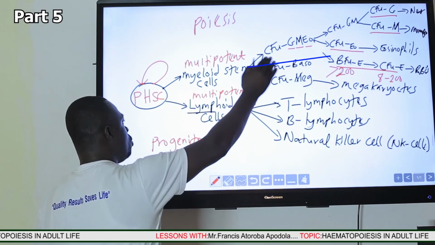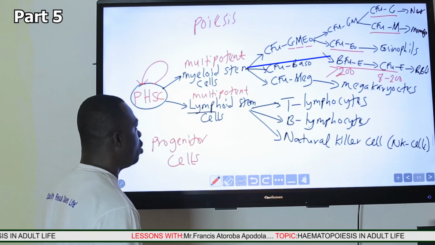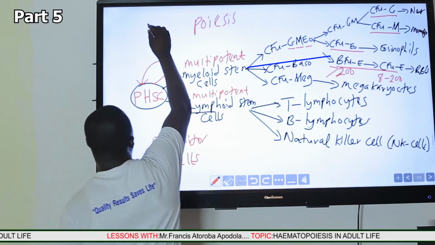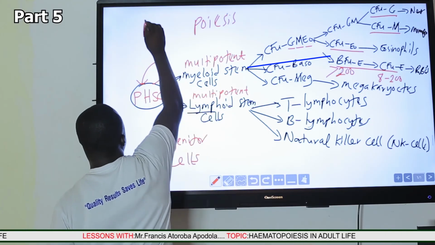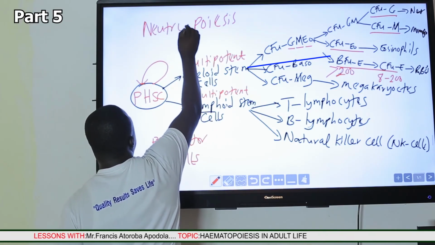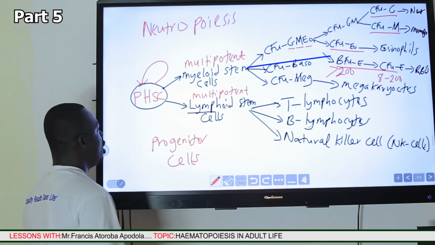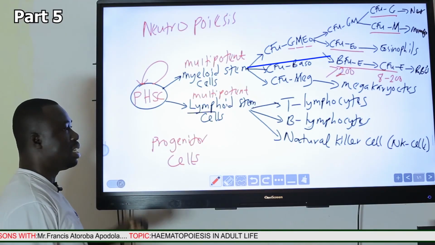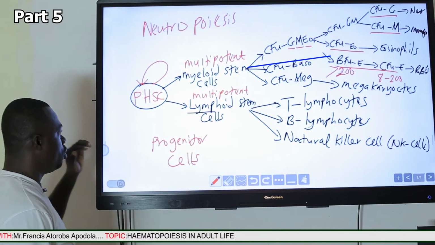So if we want to produce the terminally differentiated cell called neutrophil, we attach poiesis to the neutrophil, so this will become neutropoiesis. So neutropoiesis simply means the production of neutrophil.